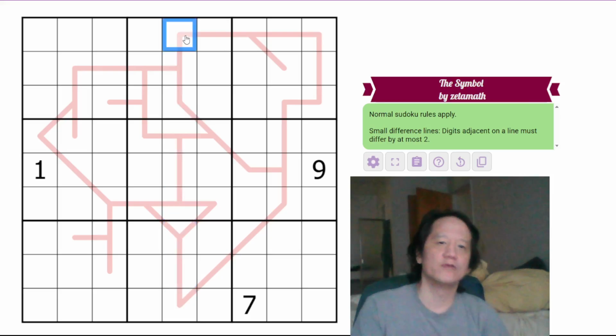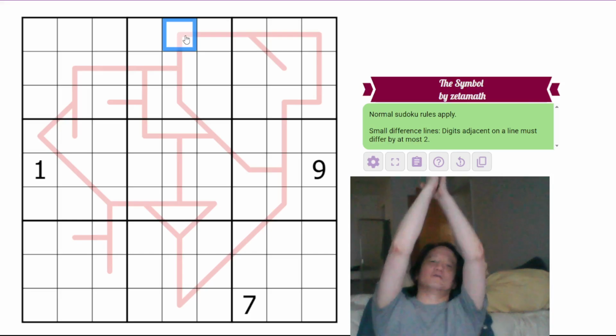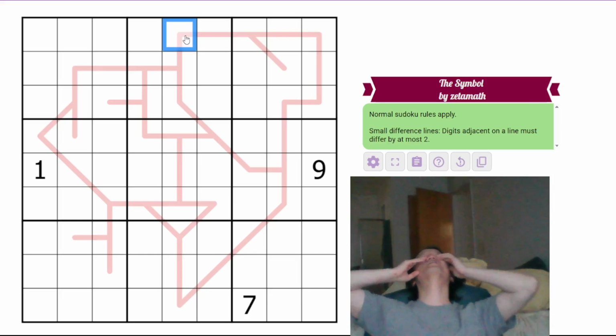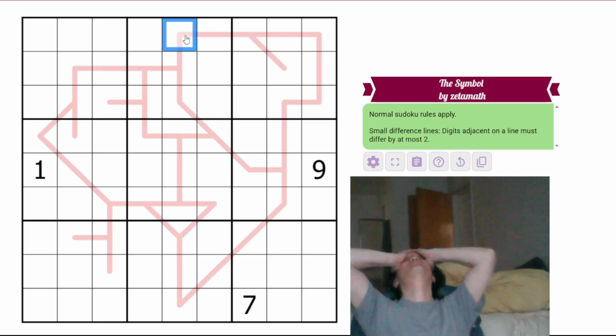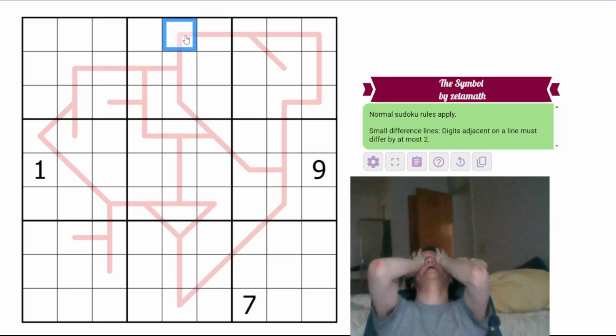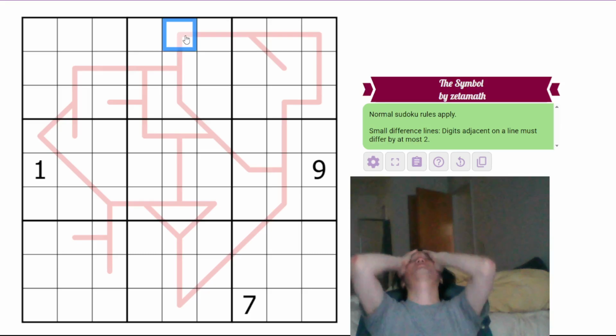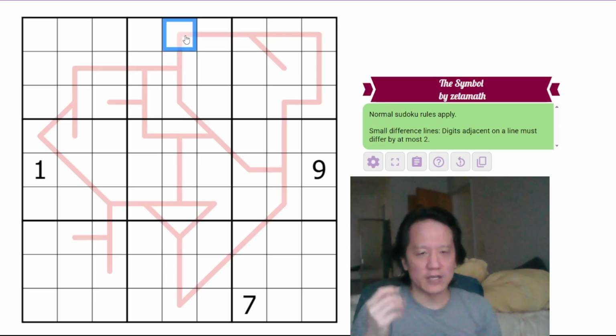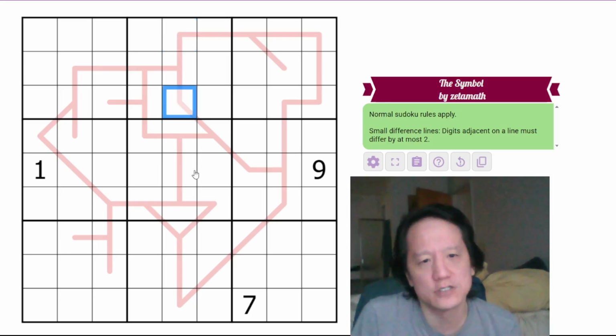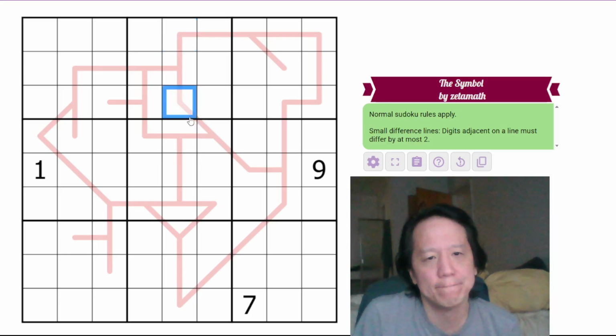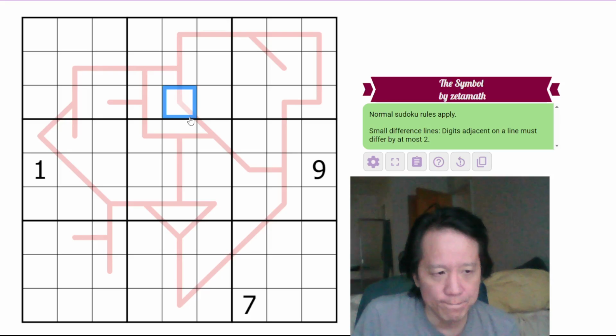One thing we do know. Okay, so what happens with 1 and 9? 1 and 9 can be next to 2 unique digits, but they can only be next to 2 unique digits. 2 could be next to 3 unique digits.